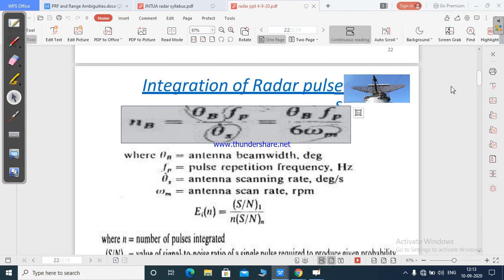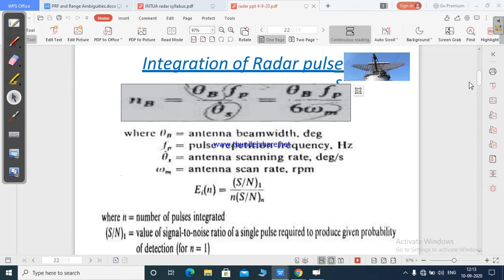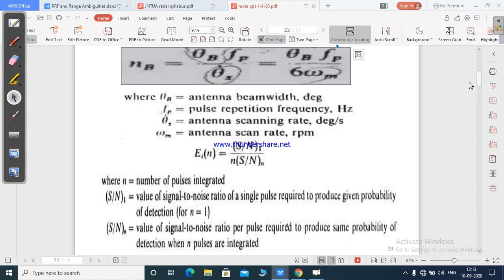Then the incident energy can be given as E suffix I of n, that is the transmitted energy, for n number of pulses, that is n number of echoes received by the receiver and integrated on that screen in the receiver section.